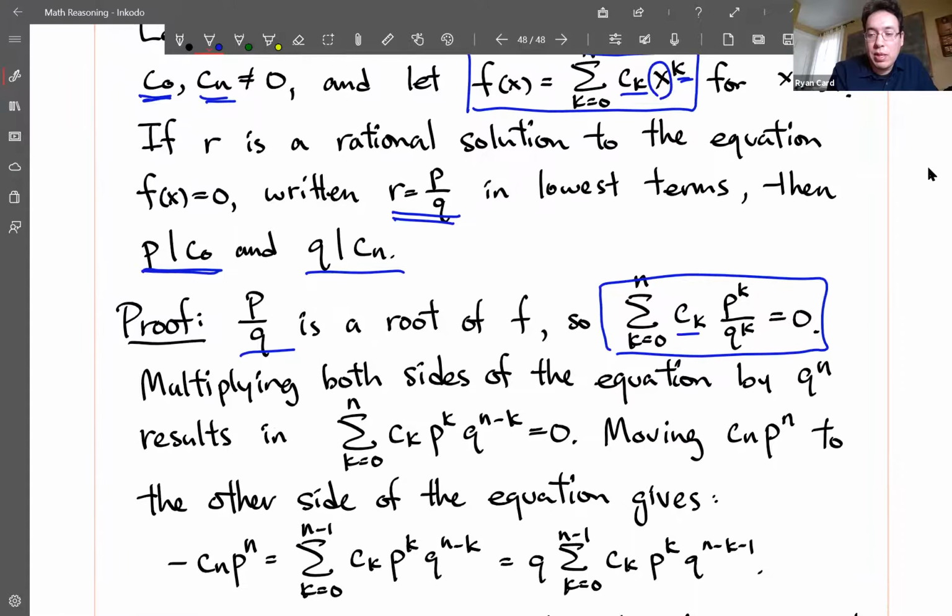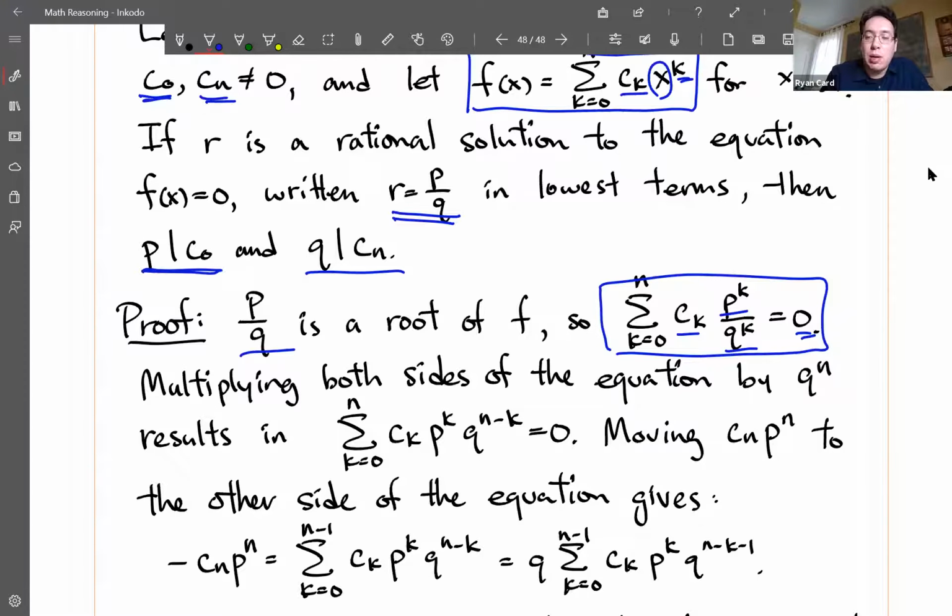So the coefficient times numerator to the kth power divided by denominator to the kth power. We're going to simplify this a little bit by multiplying both sides of the equation by q to the nth power. On the right-hand side, if you multiply 0 by anything, you still get 0.